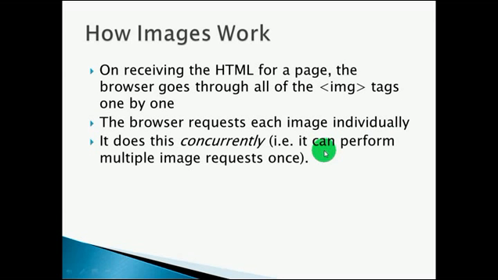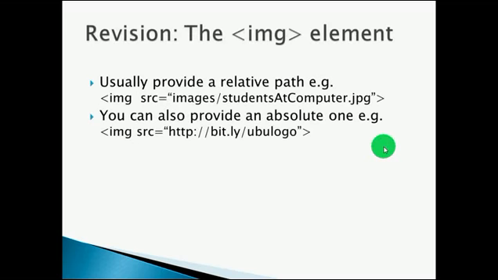So let's say that you had a really big picture and a small picture. The browser will send off for the big one first and for the small one second, and because of the size difference, the second one may be loaded before the first one because the big one might take more time. But we have to be aware of timings and how big the pictures are when we're actually making web pages, because we don't want to take forever to load.